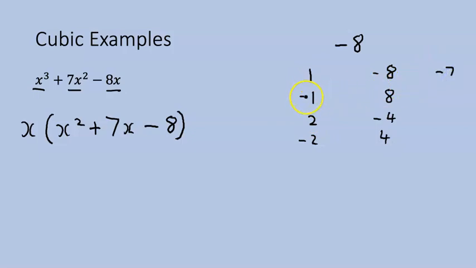No good. Minus 1 plus 8 gives me plus 7. Oh, hold on a minute. We got a winner. So minus 1 and 8. So I'm going to write my bracket in here. Open it up. X minus 1. X plus 8. Close the bracket and I'm done.